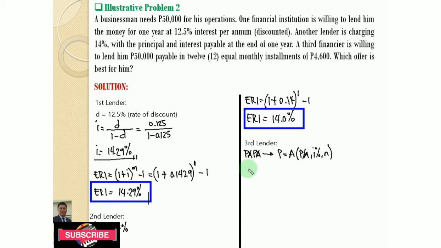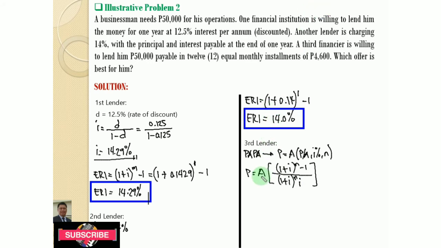So substituting, P is equal to A times the quantity 1 plus I raised to the n minus 1, all over 1 plus I raised to the n times this I. So the P is given, the annuity is given, and also the N is given, for 12 equal monthly installments.